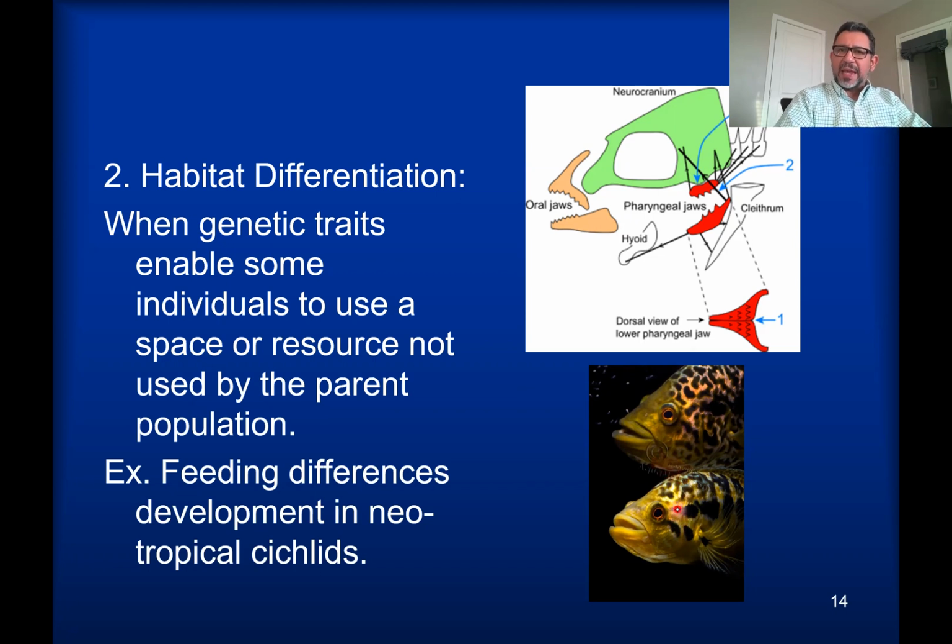It's from the same lake, it's the same species, but what I was studying is the development of these pharyngeal jaws, because that's what you see in greater development on these cichlids with a larger, deeper head.